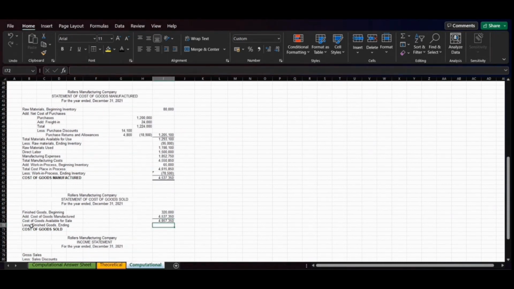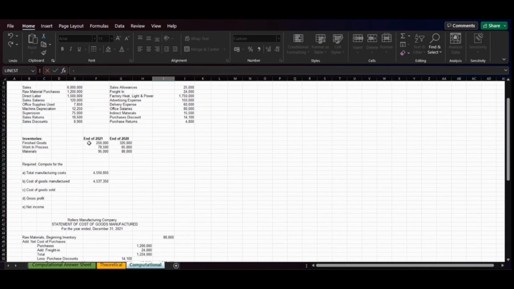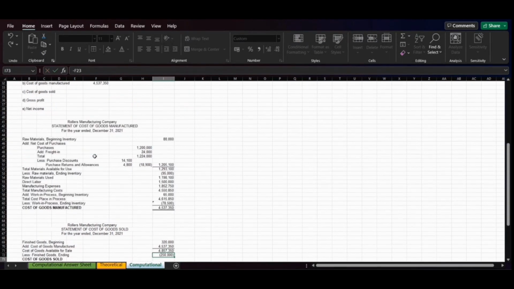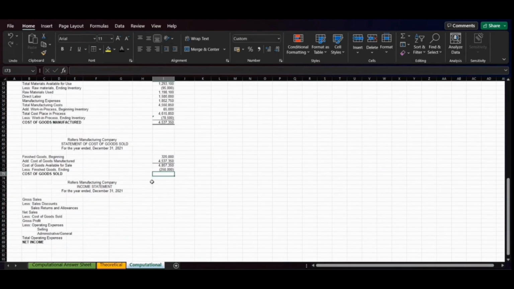And next naman tayo. I-minus naman natin yung finished goods ending. So, kuha natin yung finished goods ending, which is yung end of 2021 na 250,000. So, pag nakuha natin yan, makakuha na natin yung cost of goods sold. So, ang gagawin natin is, i-minus natin itong COGS or cost of goods available for sale sa finished goods ending, which is 4,607,350.